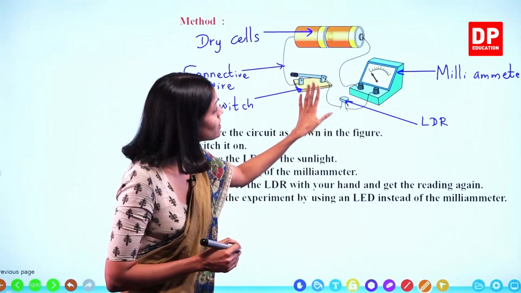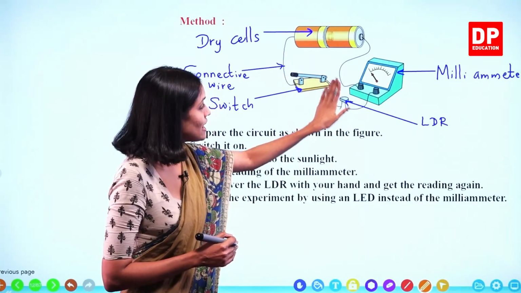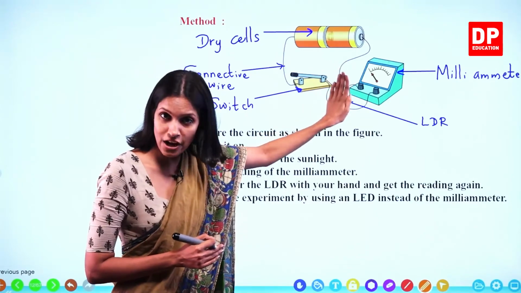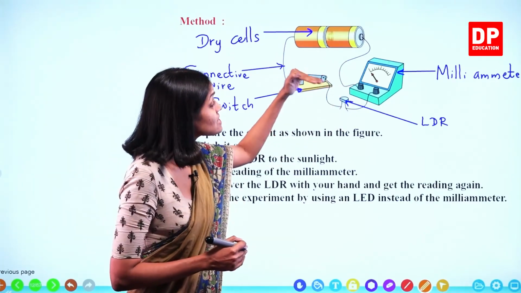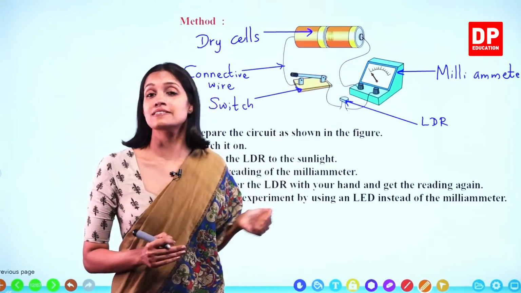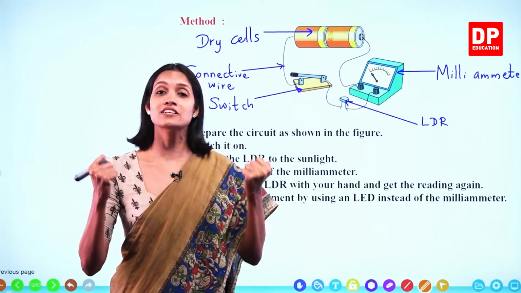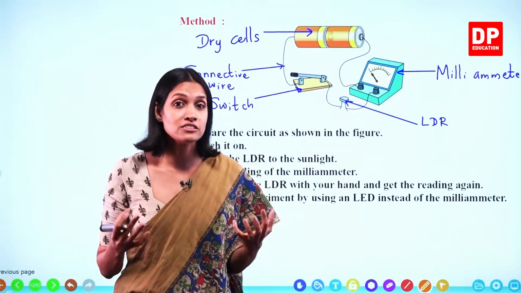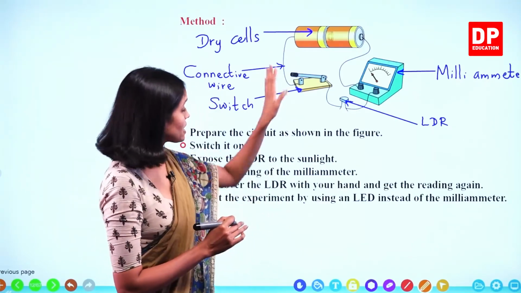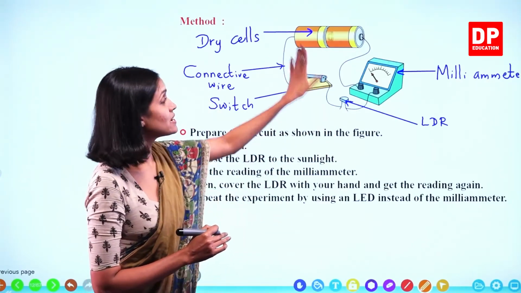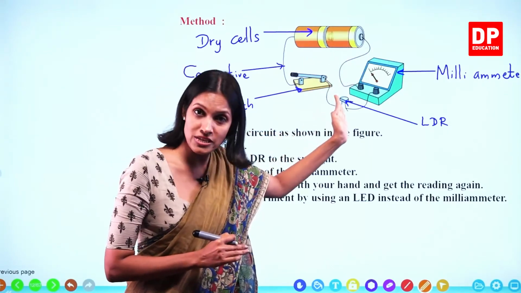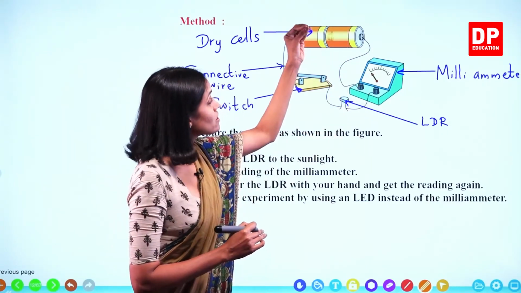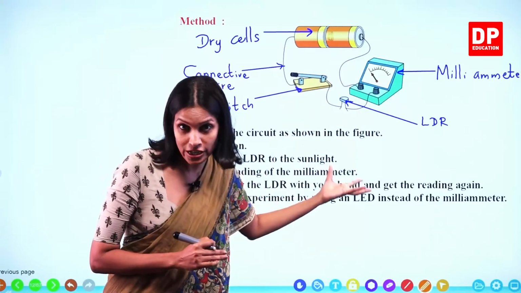Why does this happen? Because when this LDR doesn't get enough light, its resistance increases. When the resistance increases, what happens to the flow of electric current, children? It reduces, right? Because of the reduction of current, the milliammeter reading reduces, and at the same time, the brightness of the bulb also reduces.